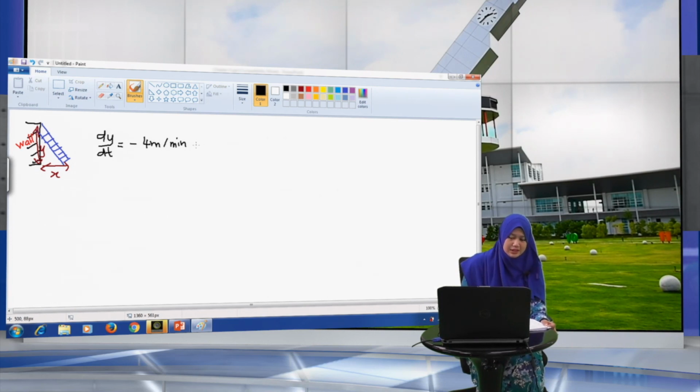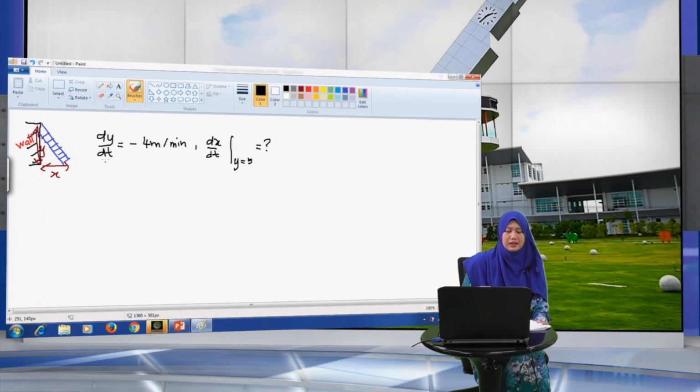The question is to find how fast the foot of the ladder is moving. So we need to find dx/dt when the top of the ladder is 5 meters, so when y equals 5. Now the second step is to find the relation between y and x.